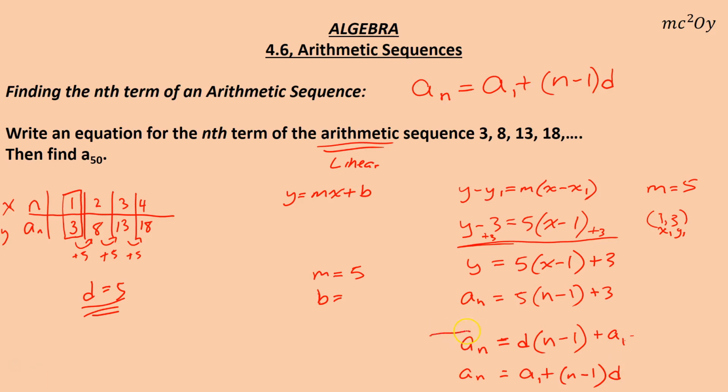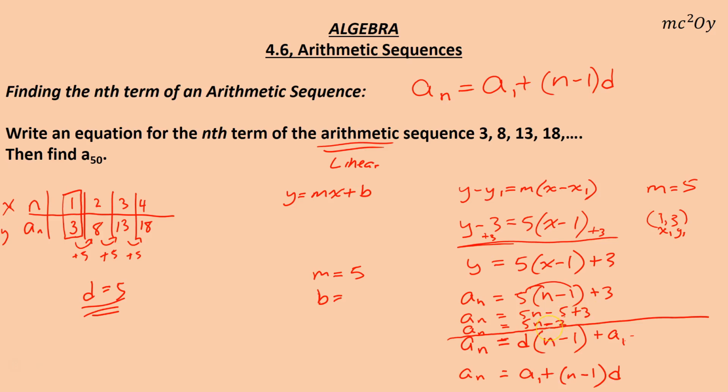Like, look, if I wanted to write this equation in slope-intercept form, I could go, well, a sub n is equal to, I could distribute this, 5n minus 5 plus 3. And that would be a sub n equals 5n plus 2, oops, it wouldn't be plus 2, it would be minus 2. 5n minus 2.